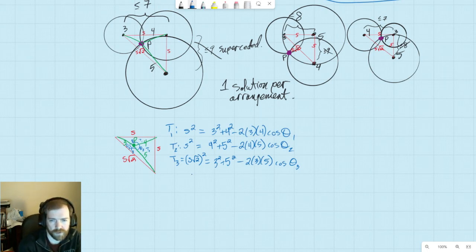And good news, theta 1 plus theta 2 plus theta 3 is equal to 360 degrees, which means that we have 4 equations and 4 unknowns. Might do it.